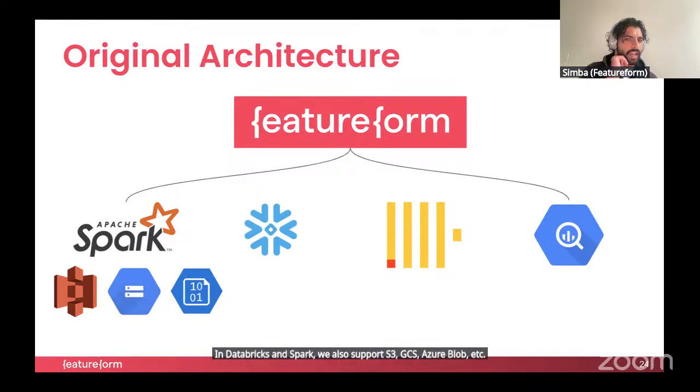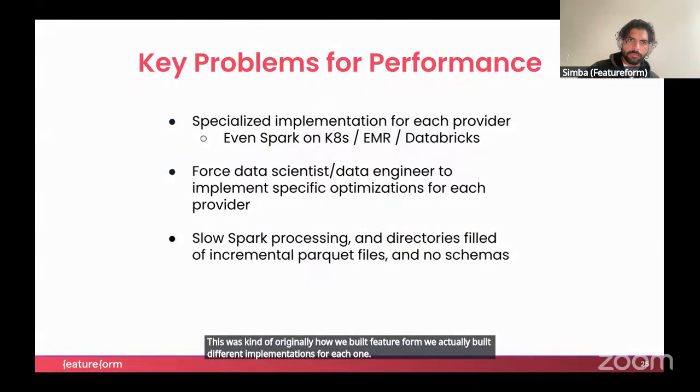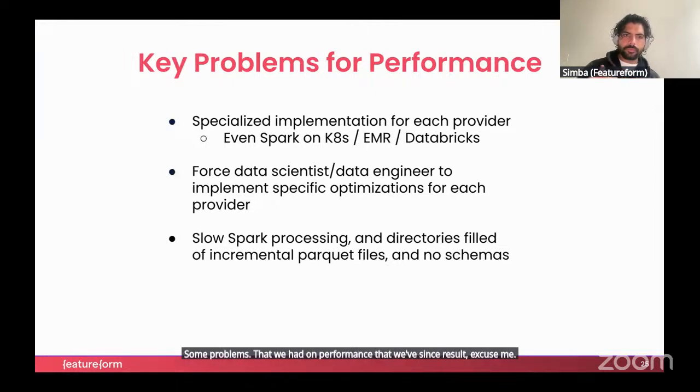This was kind of originally how we built Featureform. We actually built different implementations for each one. Some problems that we had on performance that we've since resolved is each provider, like Databricks and EMR, are different. So we had specialized implementations for each.